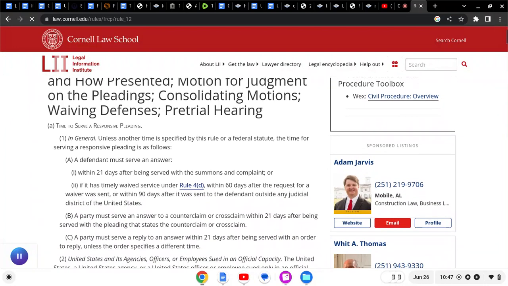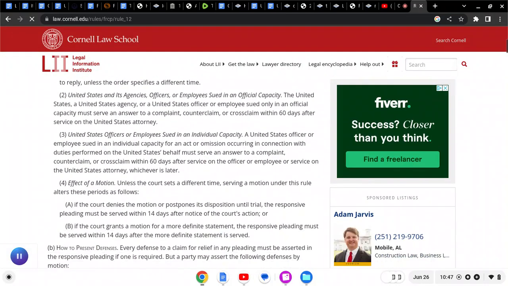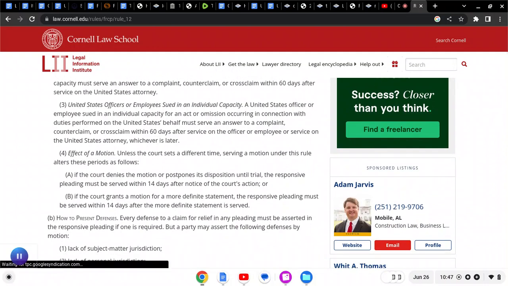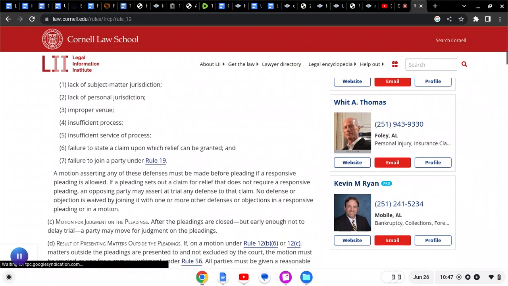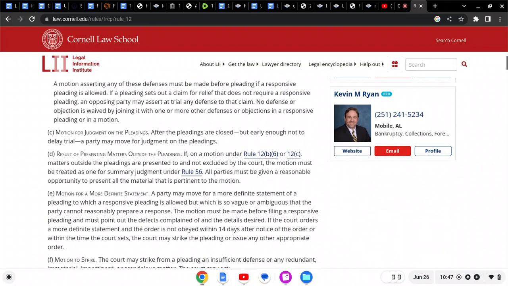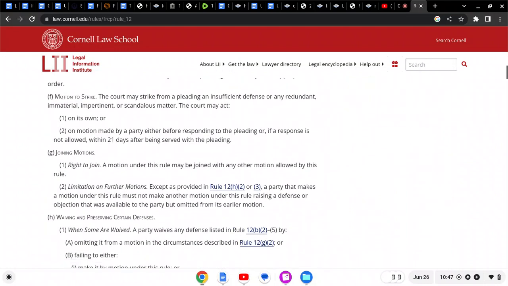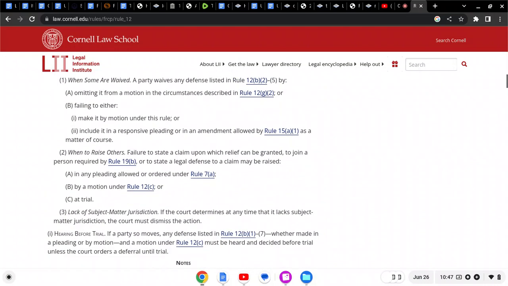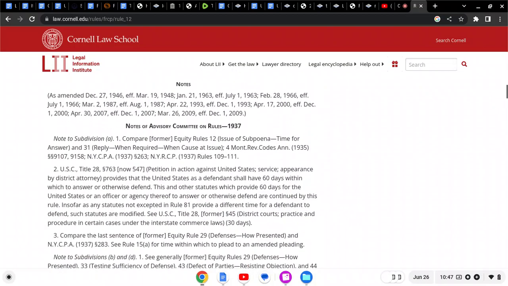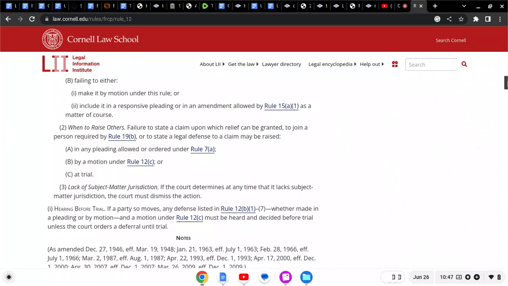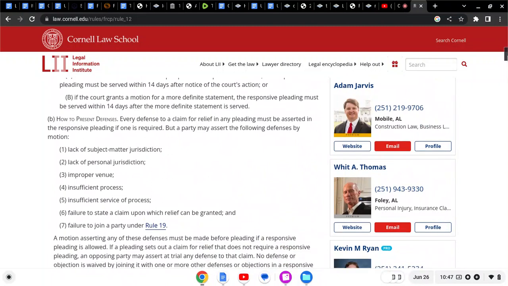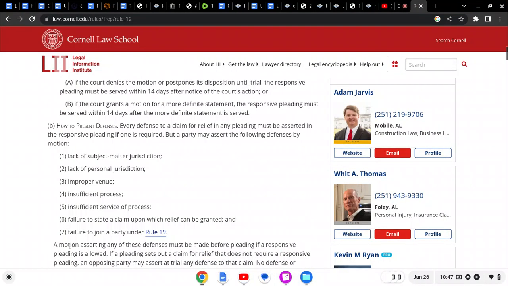So if you file a complaint against police officers, and you're saying that these police officers unlawfully arrested you and assaulted and battered you and stuff like that. Where is it? I don't even see it in here. I must have skipped it. Give me a second, y'all. Right here, Rule 12(b)(6). Okay.